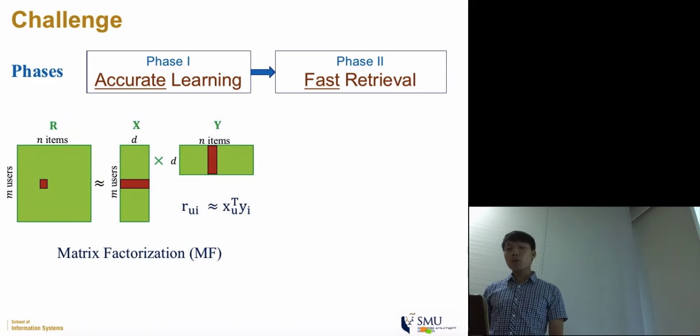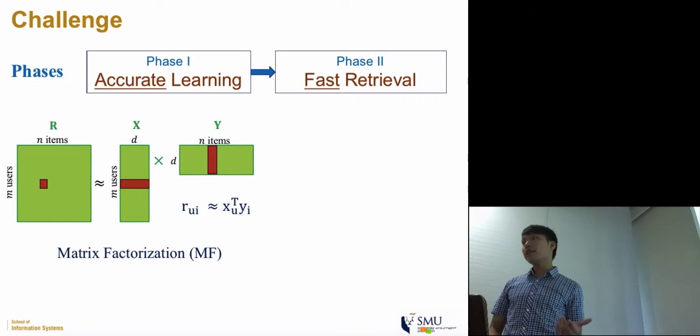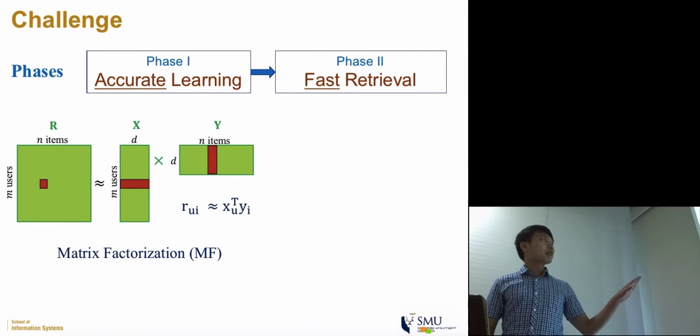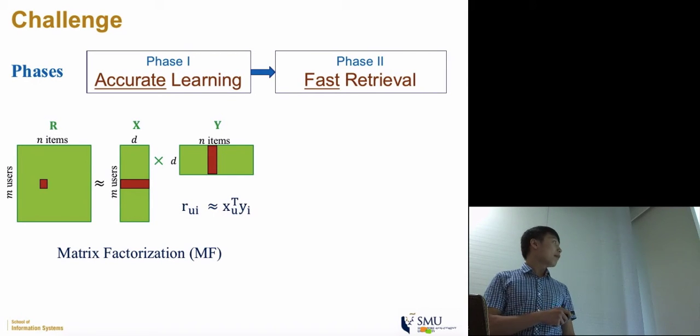One of the popular techniques for the learning phase is matrix factorization. For those of you who haven't known matrix factorization, I'm just going to summarize a little bit. You have a rating matrix of M users and N items. And what you want to do in this learning phase is learn a low dimensional vector for each user and a low dimensional vector for each item.